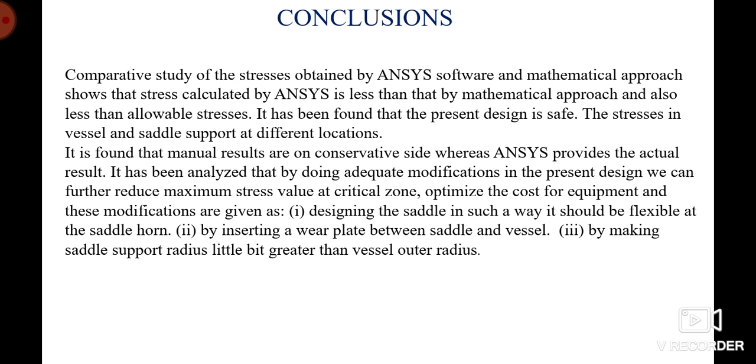So after doing all this research and all this presentation, we come to a conclusion that the value found out using ANSYS software was less than the calculated value. Hence, we come to a conclusion that the value calculated using ANSYS software is even less than the allowable stress, and hence our design is safe.